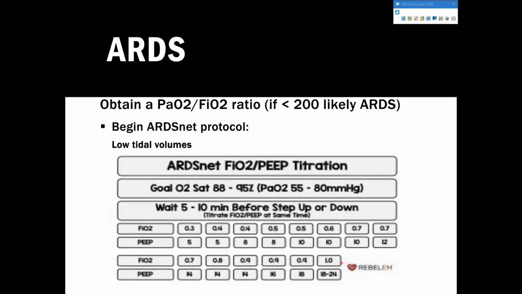Because if they are on 100%, and we're going to use 100% as we go over this PF ratio, super easy formula, PaO2 divided by FiO2. 1 is your FiO2 of 100. Everything lower than 100 is going to be in a decimal, like 0.9 for 90, 0.8 for 80, okay? So to make our lives easy here, we're going to use 100.